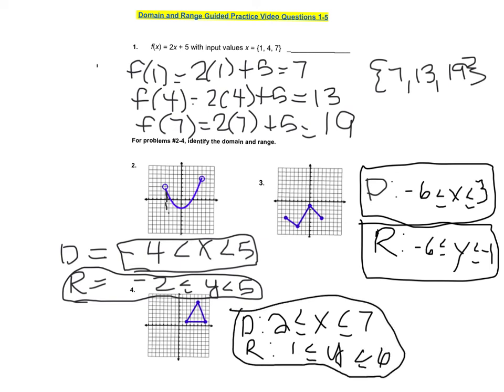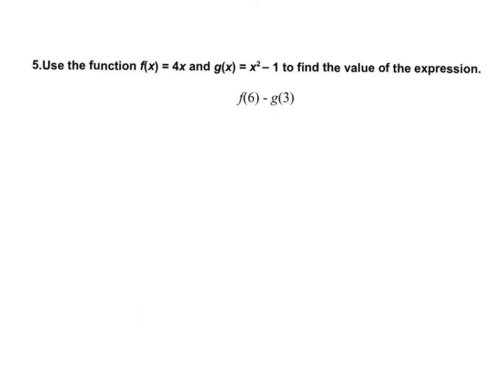There we go. And then our last problem: use the function f of x equals 4x and g of x equals x squared minus 1 to find the value of the expression. So what we're going to do is take the function f and input 6 into this first function.